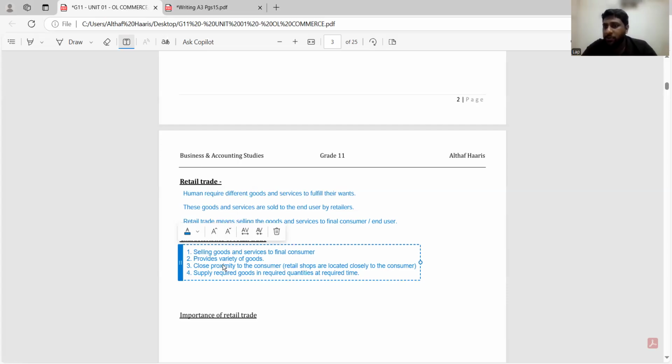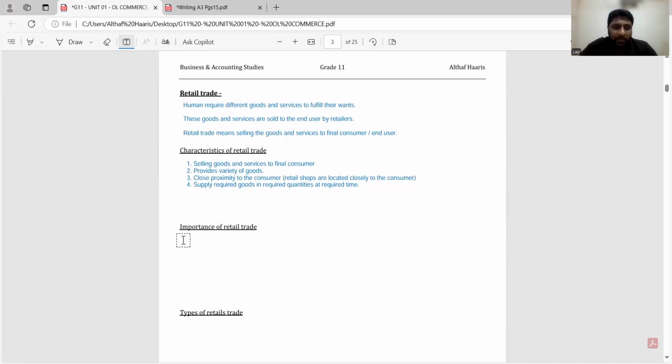If you want 400 grams, go and buy 400 grams now. But you can't do the same with a wholesale business. If you all of a sudden ask for 1,000 tons, they will not be able to supply it on that time itself because they have to go through a big process. So it will take some time. But here it's not like that. Whatever the item that you need, you can go and buy the quantity that you need. If you need only 400 grams, you can buy 400 grams.